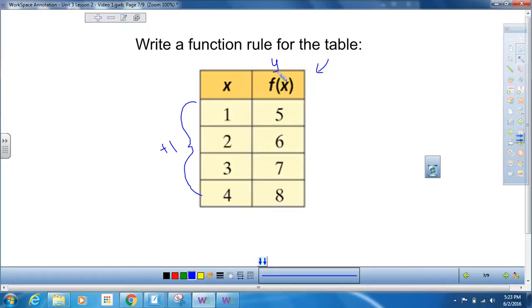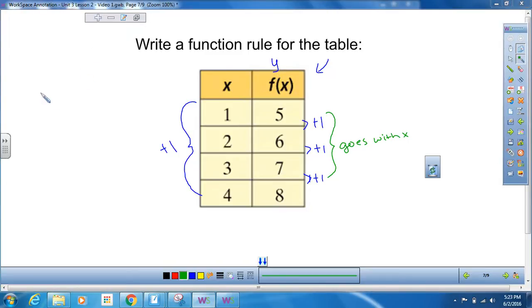Alright, so let's look at the change and what's going on here. So between 5 and 6, adding 1, so 6 and 7, adding 1. 7 and 8, adding 1. Okay, so this number that you add or subtract every time, this is what goes with x. So in your equation, I'm going to start building this equation.